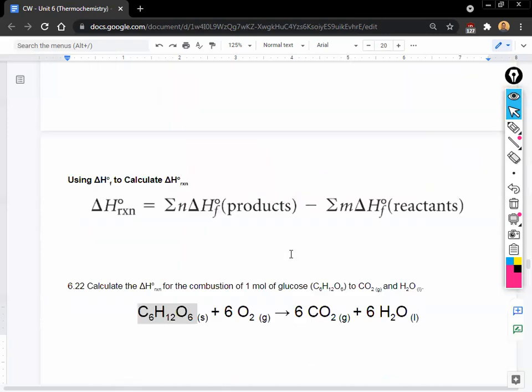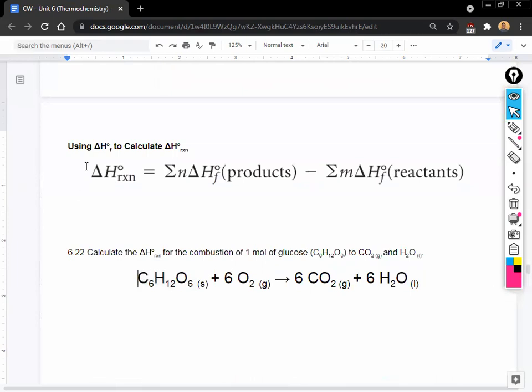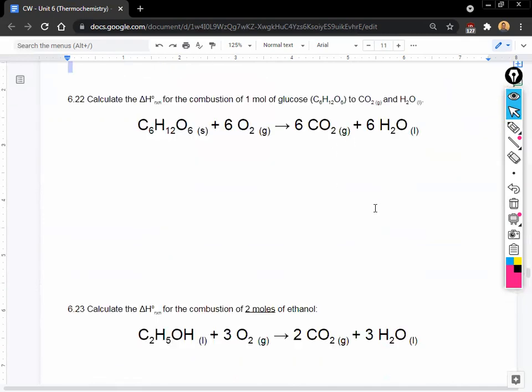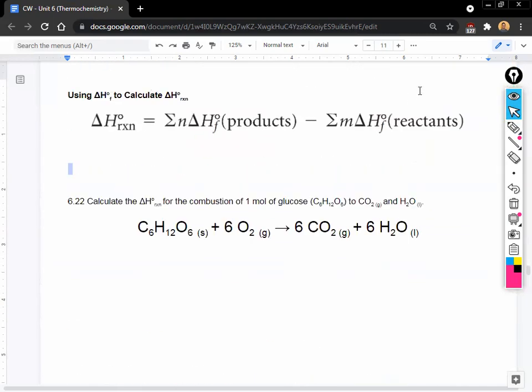So we're just going to go down to the problem and write that for glucose, the energy is going to be negative 1273. Obviously that's in kilojoules per mole.